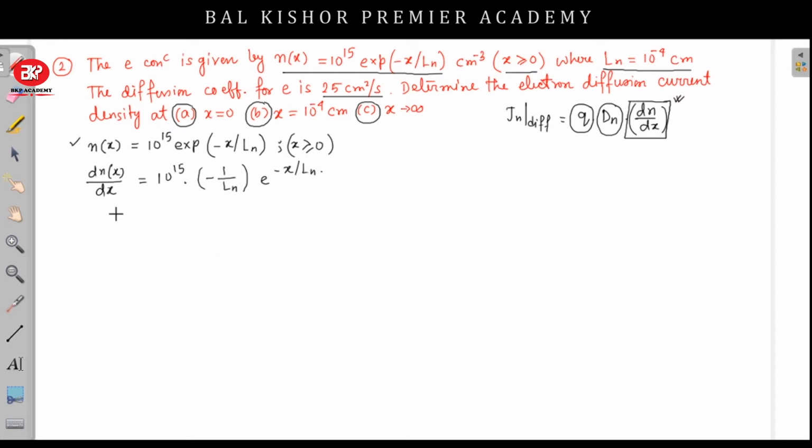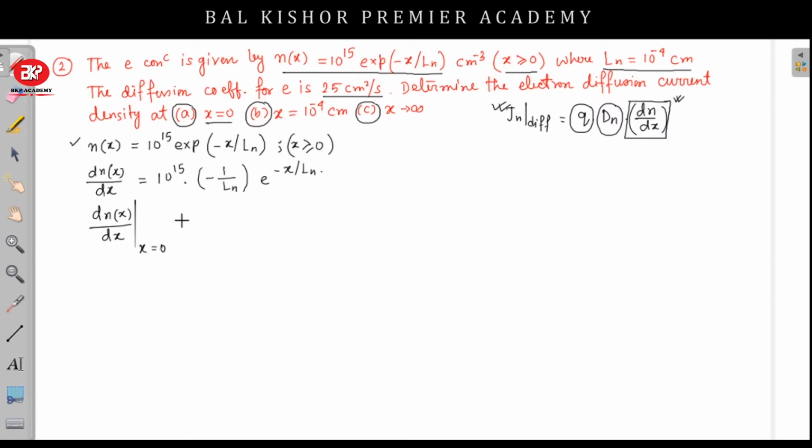So this will be dn by dx, and we have to find dn by dx for x equals to 0 to find the diffusion current at x equals to 0.